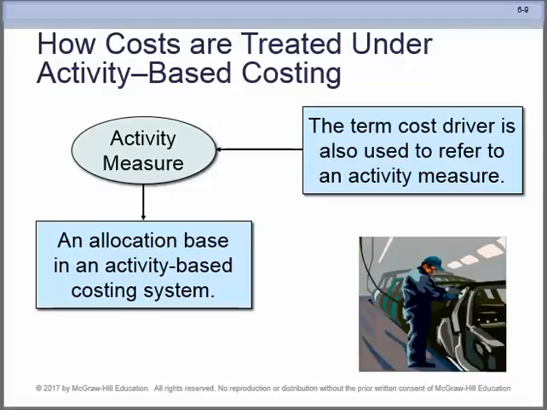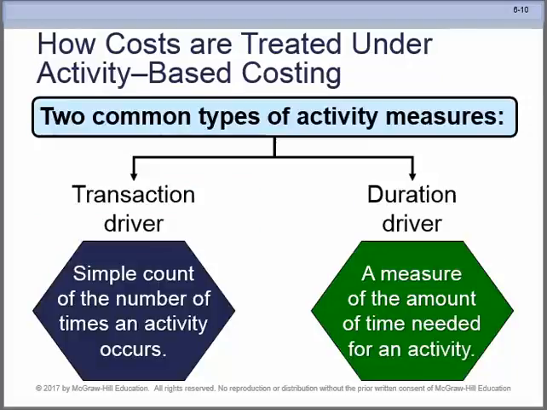Okay. So let's go further down the line on this cost driver idea. We have two different primary types of drivers. One is a transaction driver, which is just a count of how many times the activity occurs.